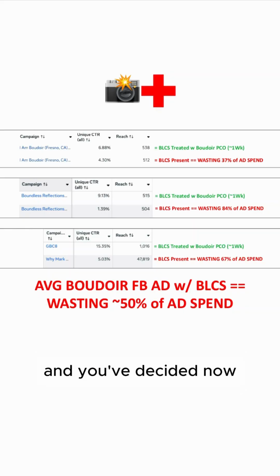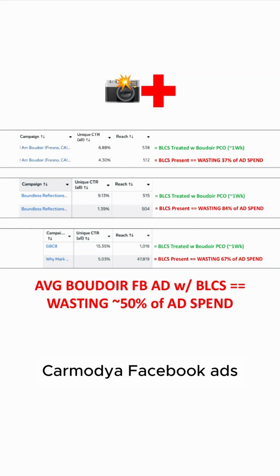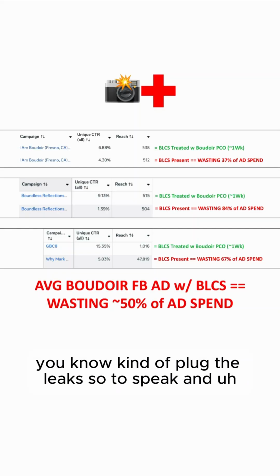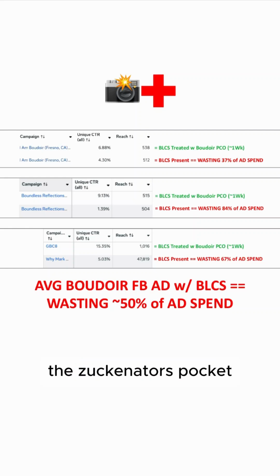And you've decided now you want to extract that same optimization through your current boudoir Facebook ads. You want to plug the leaks, so to speak, and keep more money in your pocket instead of the Zuckinator's pocket.